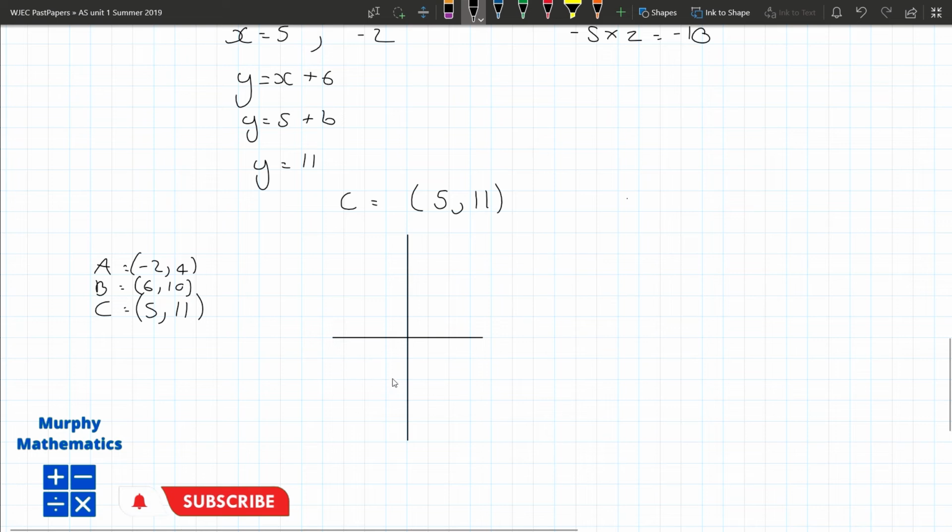So minus 2, 4 is going to lie about here, and that's A. Let's have a look at B, which is going to be 6, up 10, so somewhere about here.